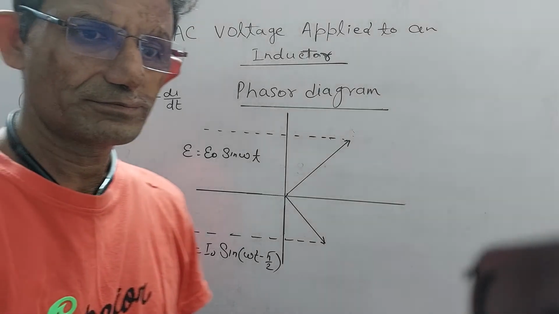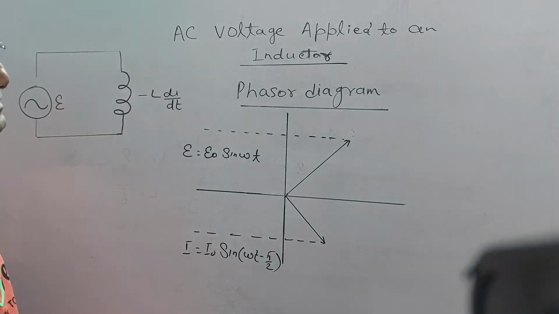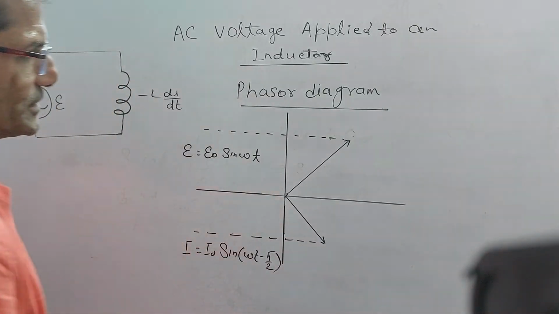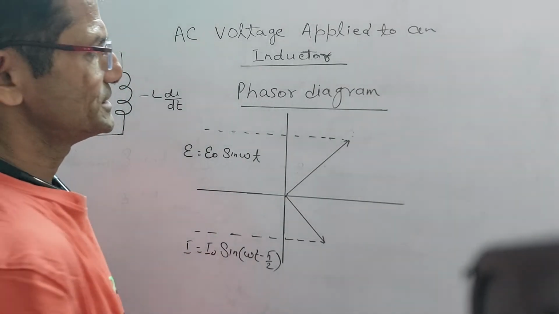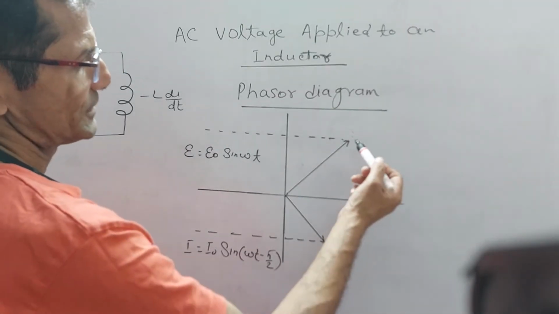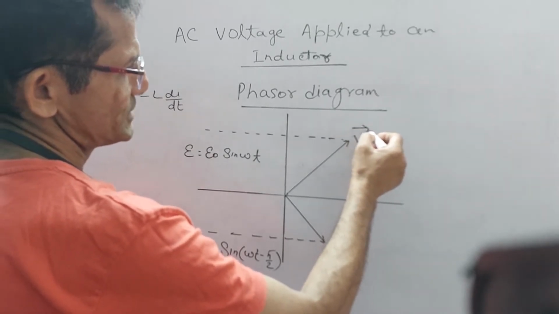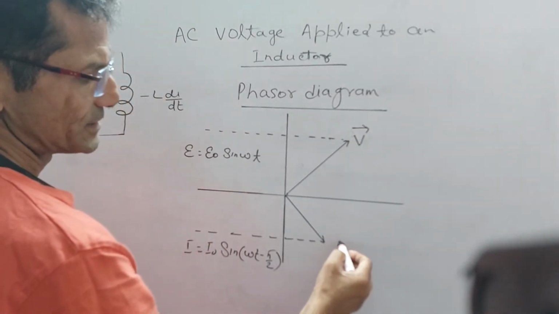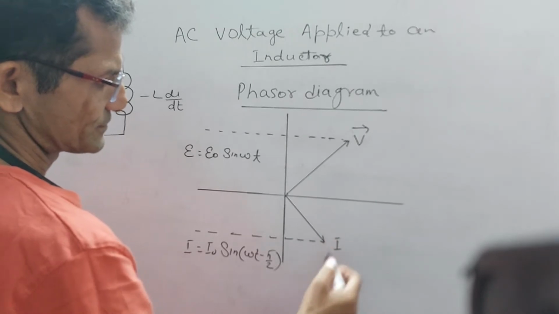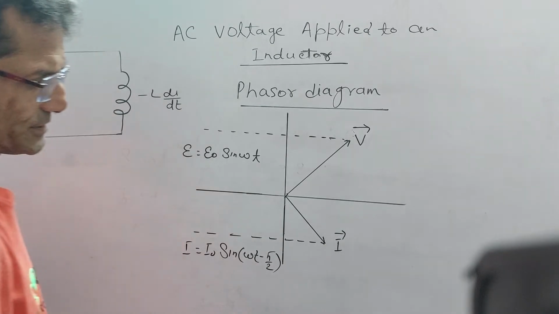Our next part of this inductor topic is how to represent these circuits and analyze them with the help of the phasor diagram. We already know that there is a phasor vector. This is the phasor vector voltage V, and this is the current vector I, and their projections.